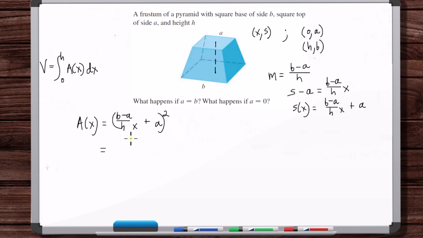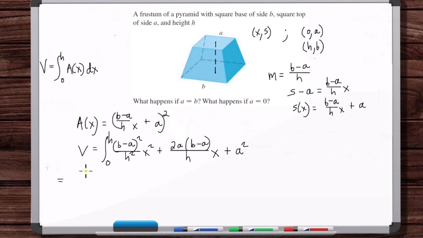We've got this squared, so it'll be (b minus a) squared over h squared times x squared, plus 2a times (b minus a) over h times x, right? It's this times this plus this times this, plus a squared. So we're integrating this from 0 to h.